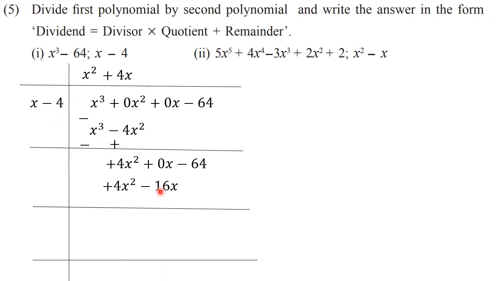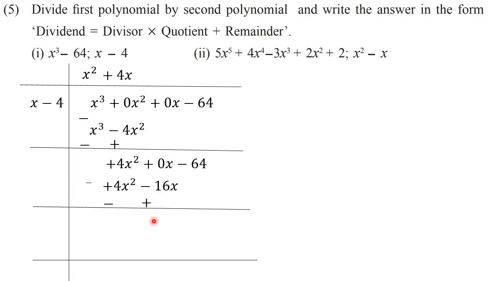Okay. Again we are going to subtract. So minus sign, it shows subtraction here. Then change of sign we have to do. So plus will become minus and minus will become plus. So see, plus 4x square minus 4x square, again it will get cancelled. You can put a cut like this with pencil. Then 0x plus 16x.